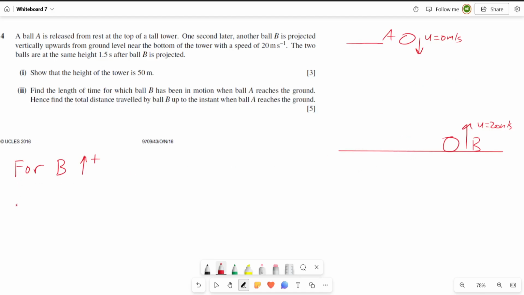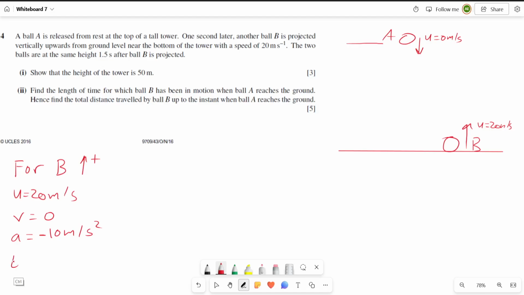So U is going to be 20 meters per second, positive because we took upwards as positive. And V is going to be 0. Since the acceleration of gravity is downwards, it's going to be a negative value, with a magnitude of 10 meters per second squared.